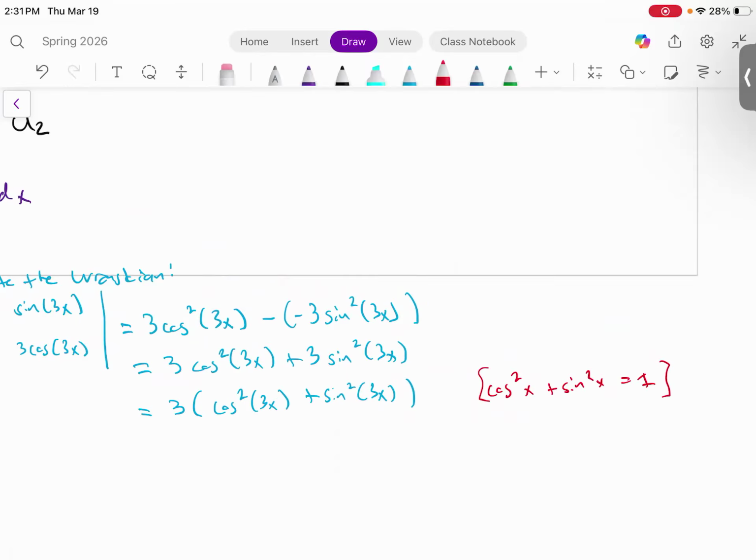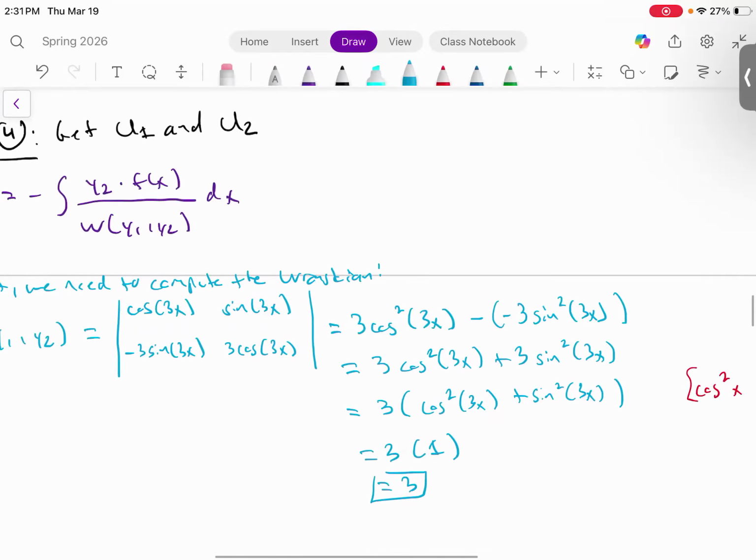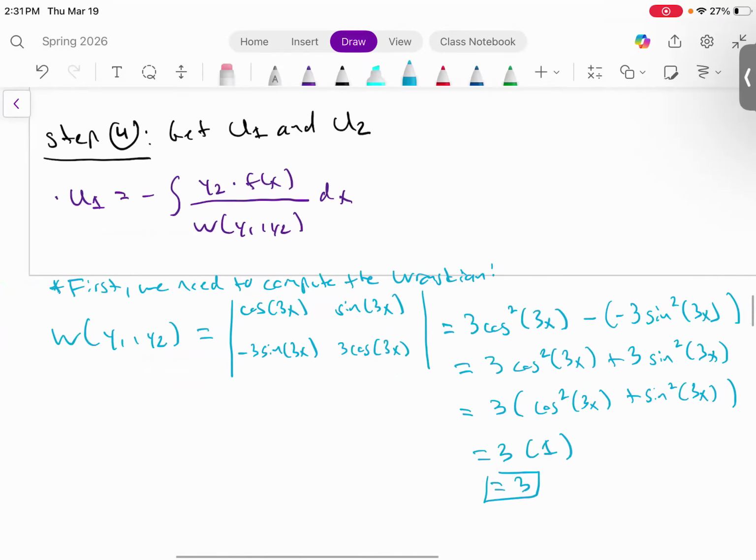That just equals 1. So this is just 3 times 1, which equals 3. Okay, so the Wronskian equals 3.